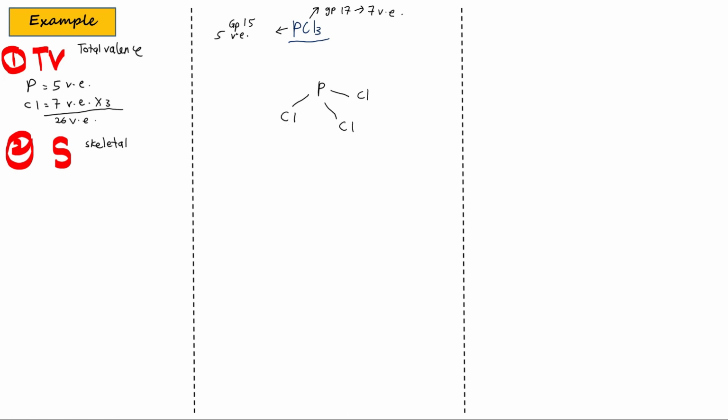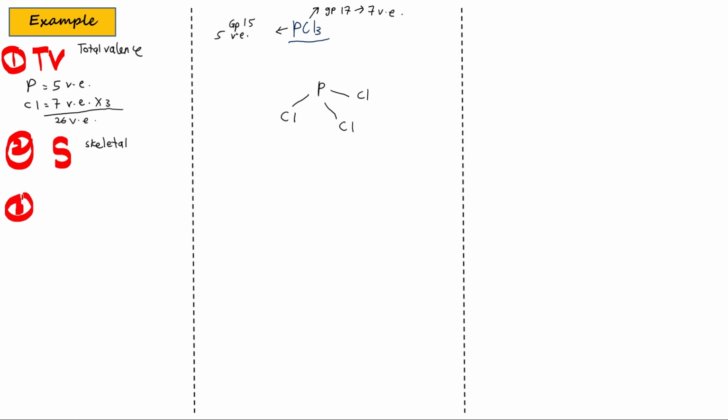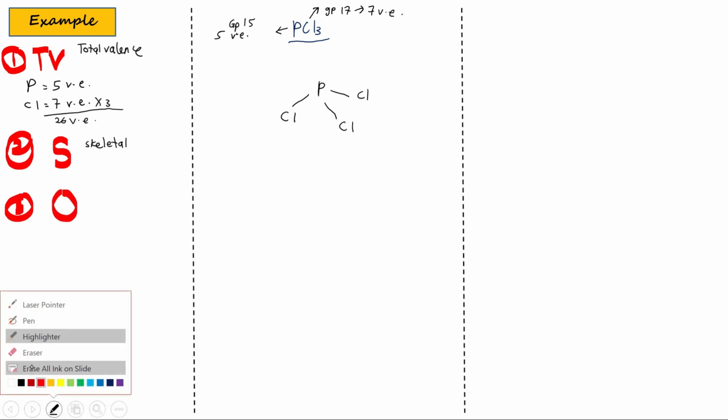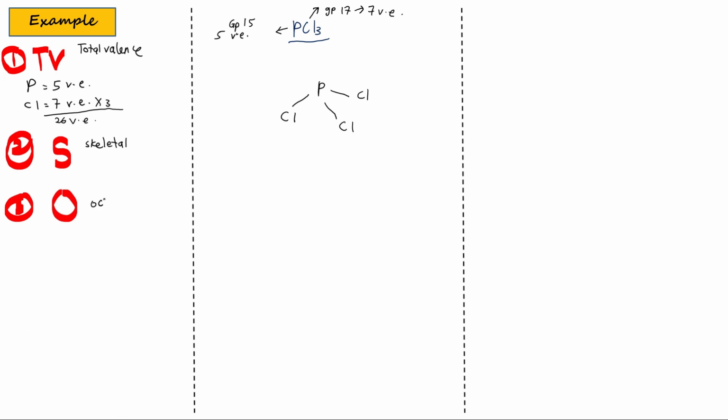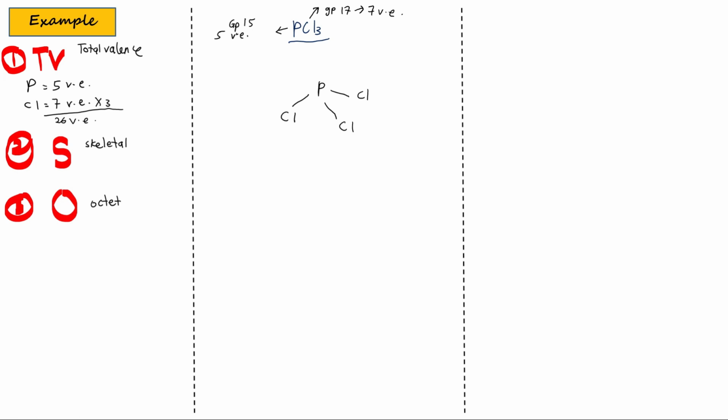Next, we move on to step 3. Step 3 is O. O means octet. We need to ensure that the terminal atoms are octet. Each chlorine atom has already gained 2 electrons from the bonding with the central atom P. That means in order to achieve octet configuration, it still needs 6 valence electrons.